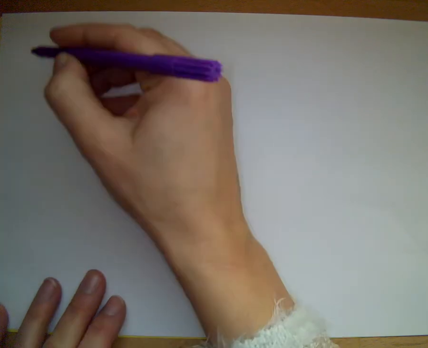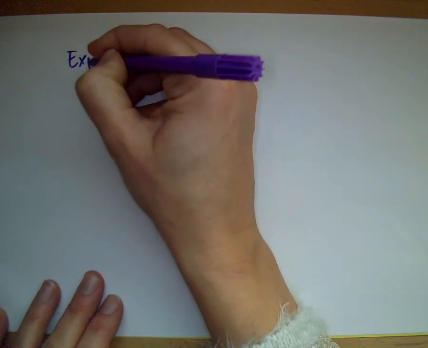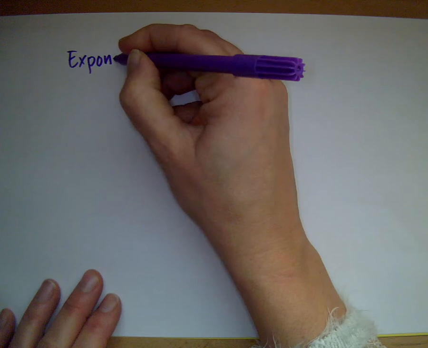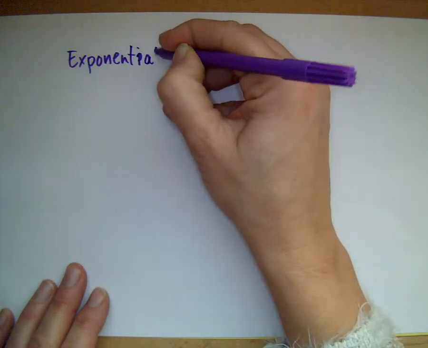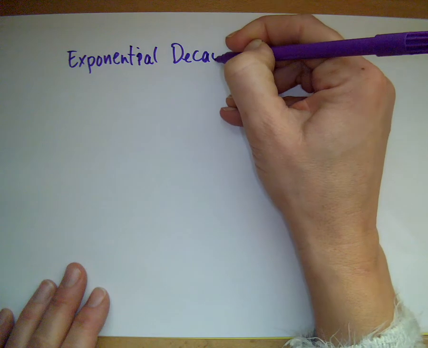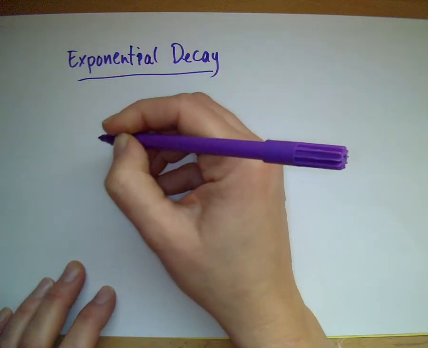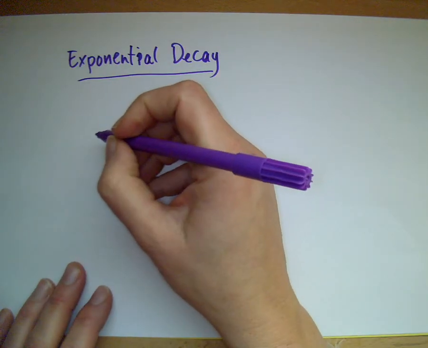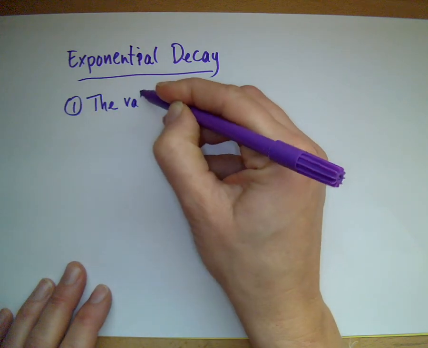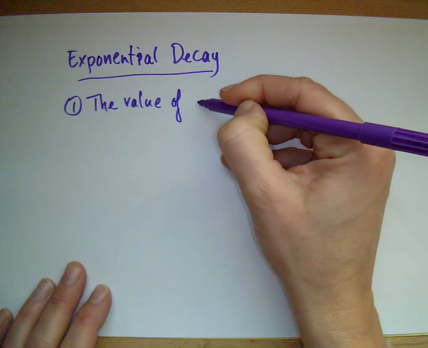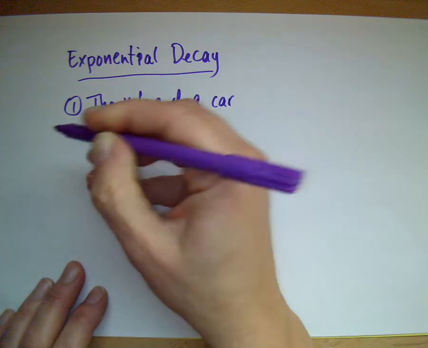Another thing I want to just touch upon is exponential decay. Things can grow exponentially, but of course, things can also decay exponentially. Let's think of some examples. The value of a car. A car is expensive when you buy it.